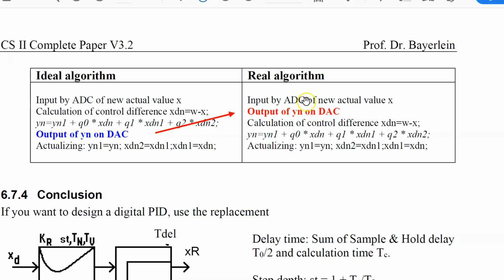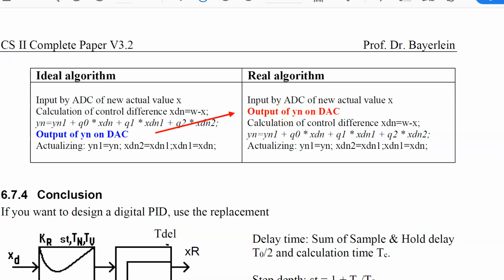The real algorithm makes my algorithm independent from the conversion time of the ADC, independent of the calculation time of this line, independent of the conversion time of the DAC. Here this delay is exactly 1 sampling time, so in our case, d is 1. So sometimes the real algorithm is better if the delay of the hardware is not negligible.